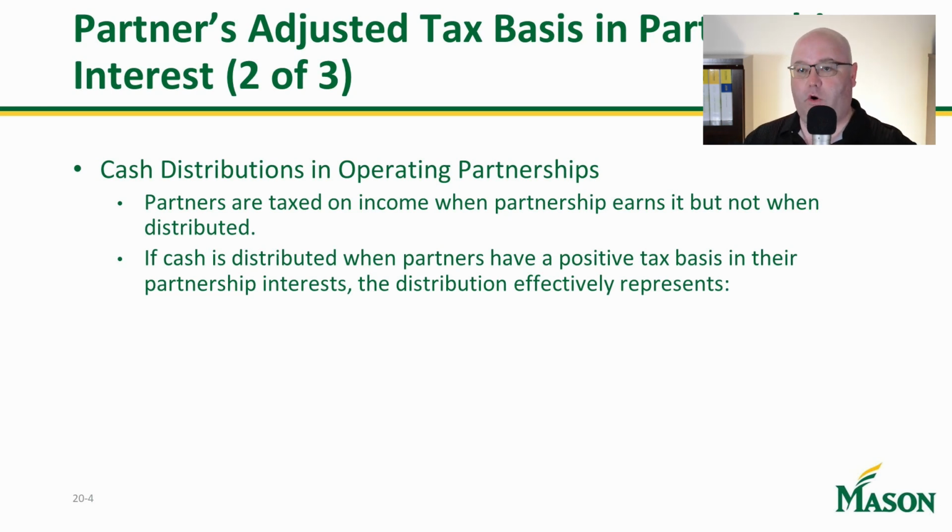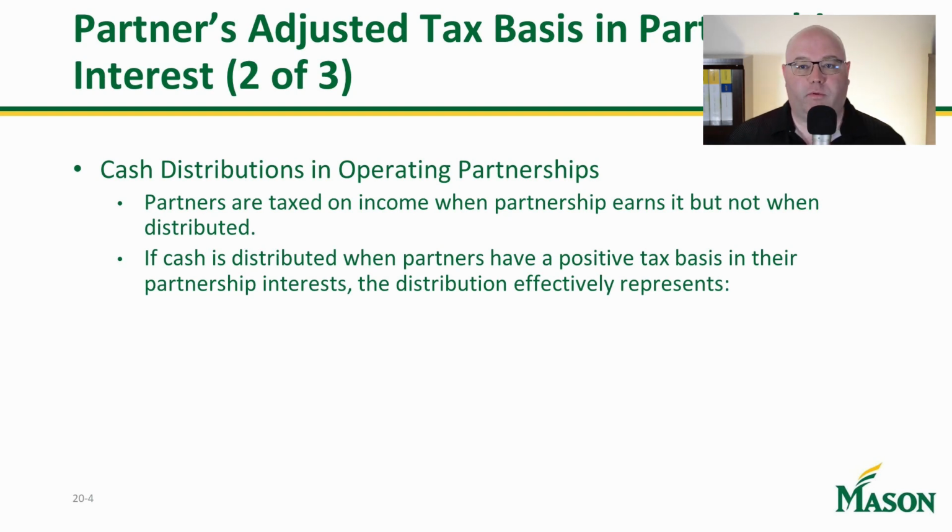So once you pay the tax on it, you don't get taxed again when you take the money out. And that's actually a very big benefit of owning an interest in a partnership versus owning an interest in a corporation that might be paying out distributions that have been taxed as income at the corporation level, but then also taxed to the taxpayer once the taxpayer receives it in their tax return.